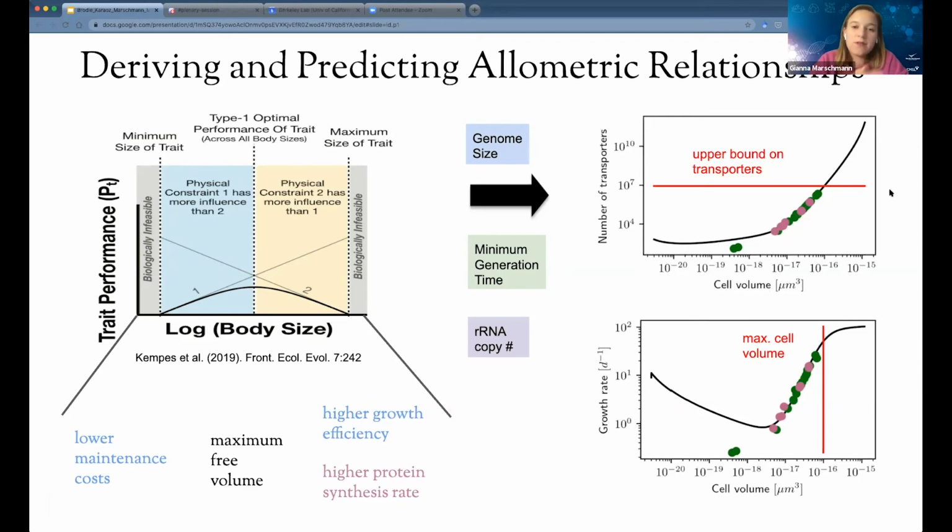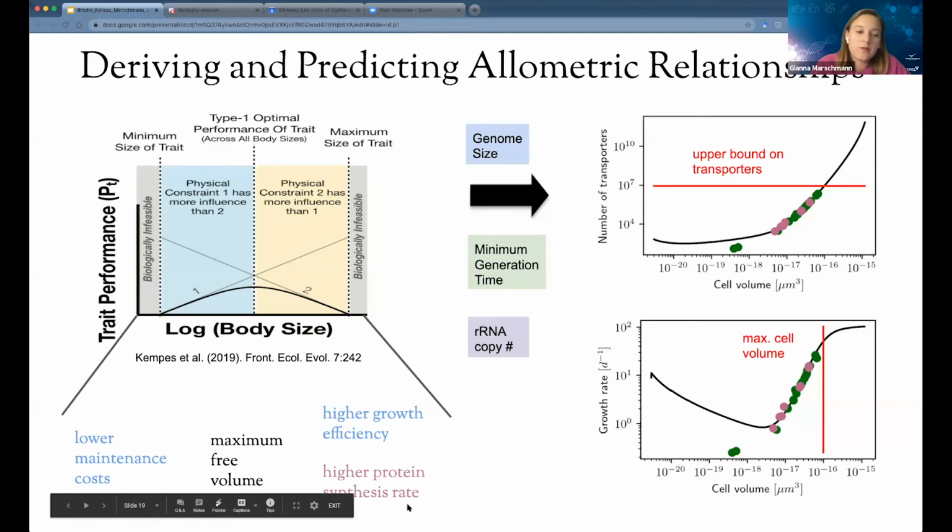So what this means in terms of their growth strategy is that because they're bigger, their larger maintenance costs can be offset by high growth efficiencies and high rates of biomass synthesis, mainly because larger organisms with larger genomes allocate an increasing fraction of their genes to biosynthesis. In terms of uptake, because larger cells have a number of transporters, we will see that the positive responders will have a higher maximum specific uptake capacity as well.